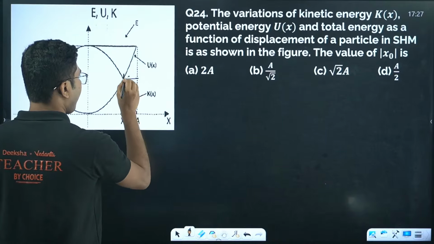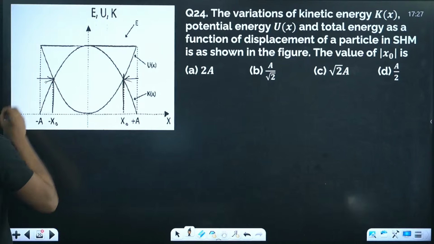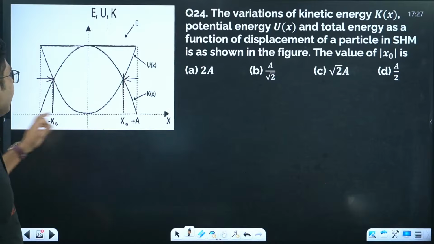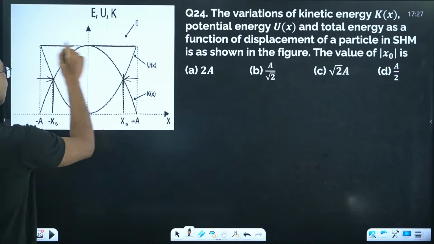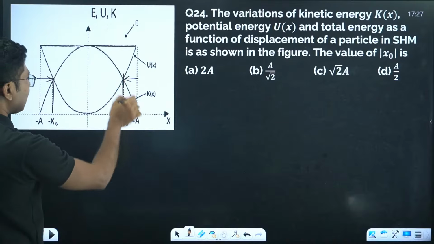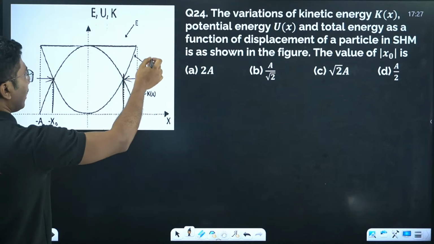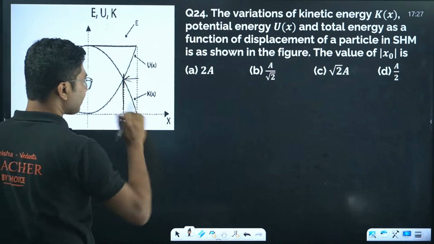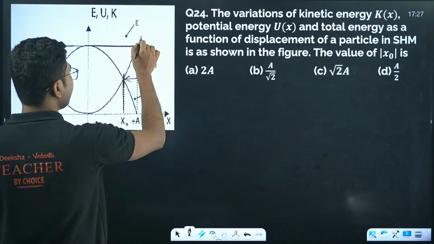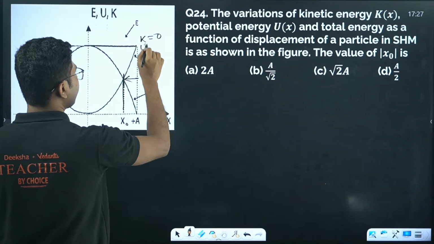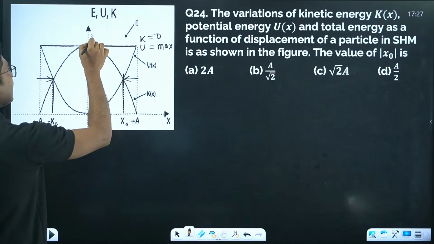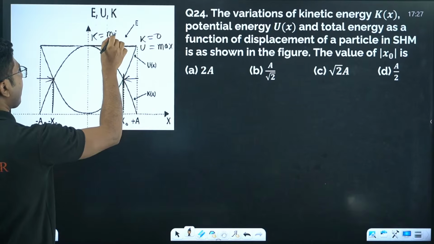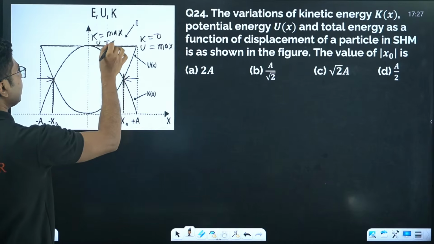Basically when you plot kinetic energy and potential energy, potential energy is maximum at the ends, kinetic energy is maximum at the middle. Kinetic energy is 0 here, potential energy is maximum. Here kinetic energy is maximum, potential energy is 0.